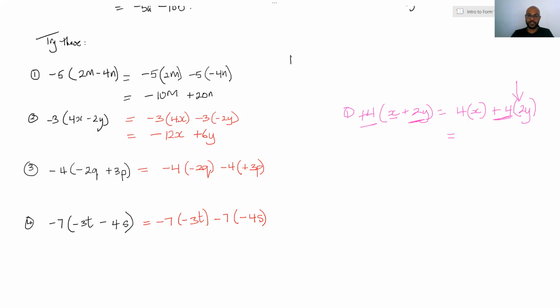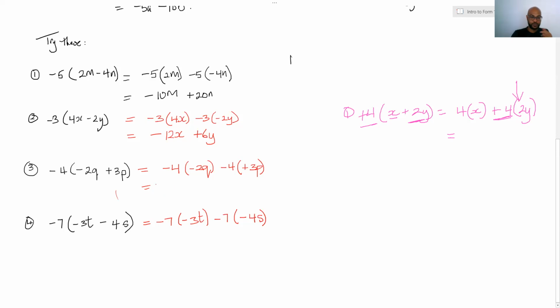Could we simplify this further, or is that the final answer? Drop a y. Sorry, drop an n if we can't simplify further. No, we can't go any further. That's correct. Right? Because they're different terms. You have an x and a y too.